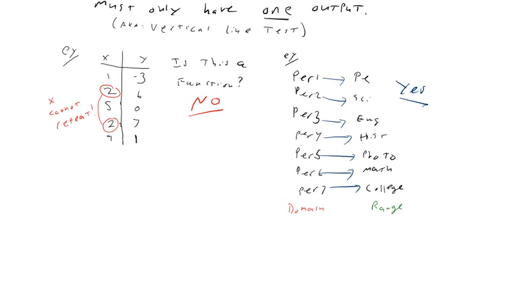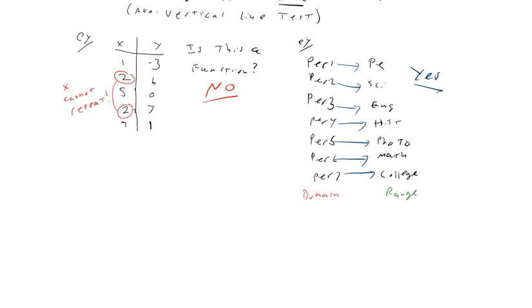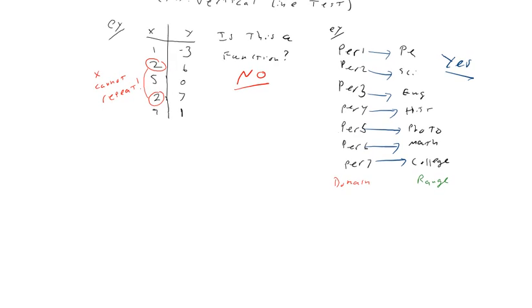One more example. What about something like this? Let's do another map. Here's all my inputs: 1, 2, 3, 4.